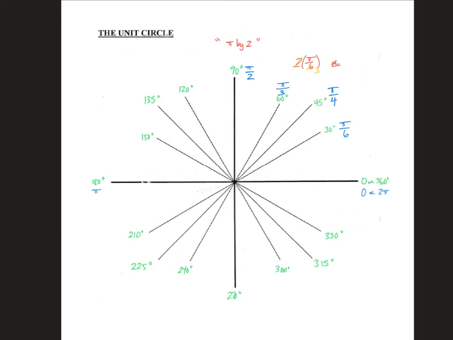Or maybe you say, a 60 is just a 30 plus a 30. So 60 is pi by 6 plus pi by 6. And so when we add those together, we get 2 pi by 6, which reduces to pi by 3. So many different ways to be able to go through and build up.